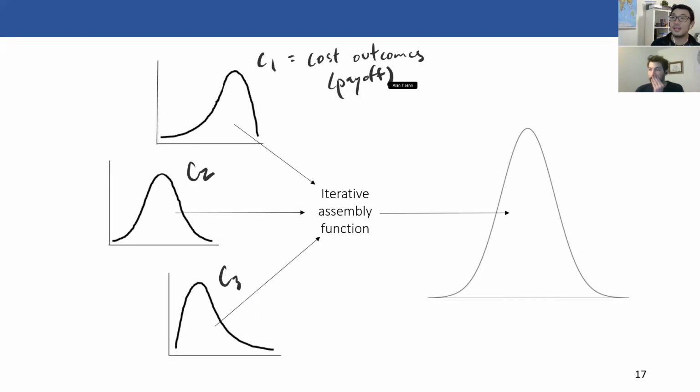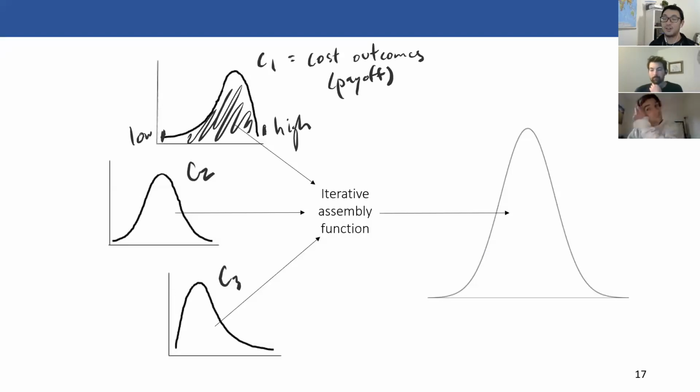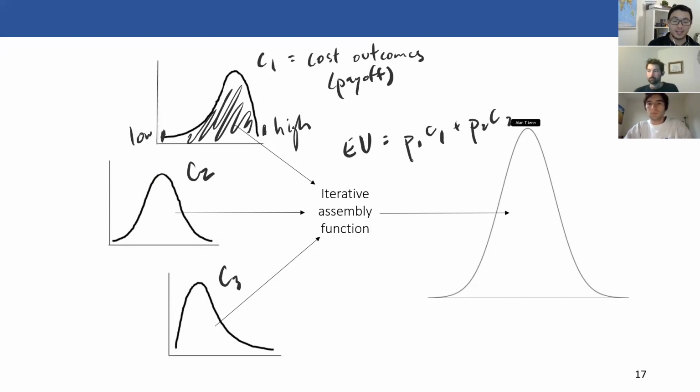So instead of just saying a low and high value, you actually know what's going on in the actual distribution. And then the iterative assembly function is just whatever algorithm is being used to calculate your outcome. Ours was something like EV equals probability 1 times C1 plus probability 2 times C2, something like that, and so this could be your iterative assembly function for this example.